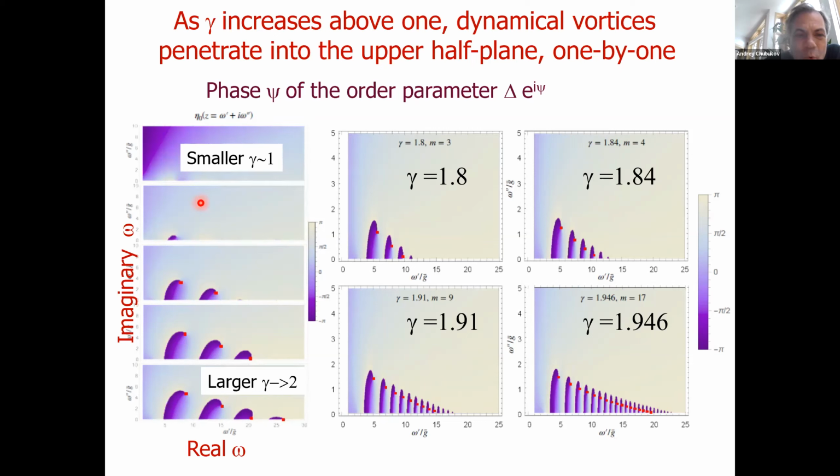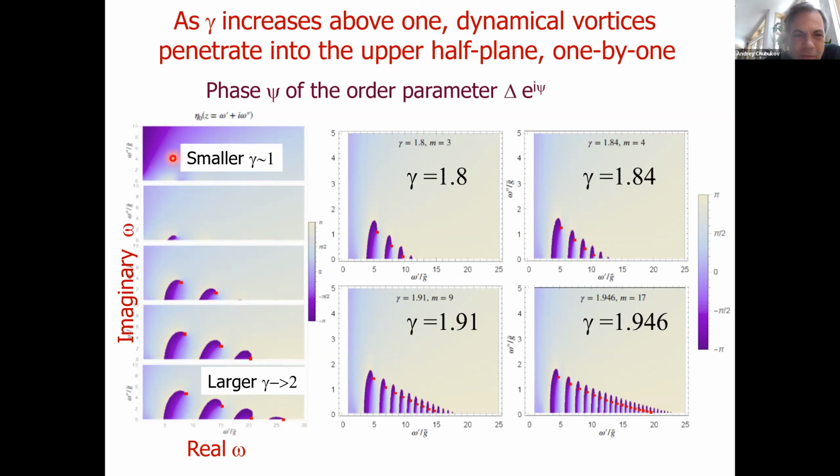Then you find that more and more dynamical vortices come into the complex plane of frequency, consistent with the increasing number of oscillations on the real axis. The plot here is for the phase of the order parameter, and these red dots are the positions of the vortices.